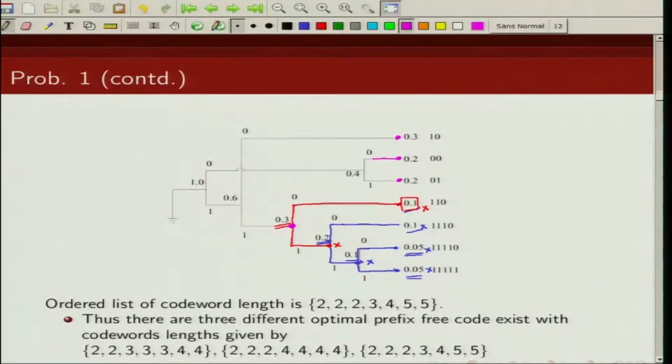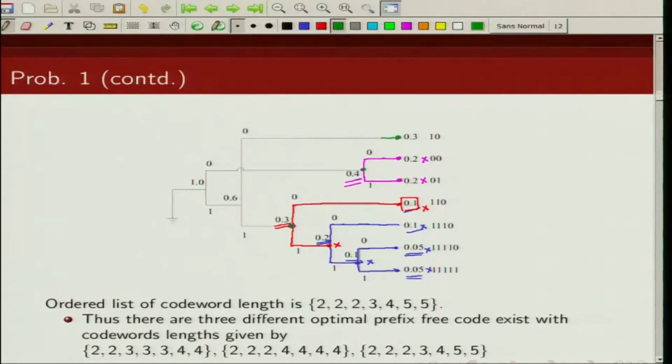So I combine these 2 together because these are the 2 least likely active nodes and create a new node which has probability 0.4. I deactivate these 2 nodes. So now I have an active leaf with probability 0.3, an active node with probability 0.4, an active node with probability 0.3.